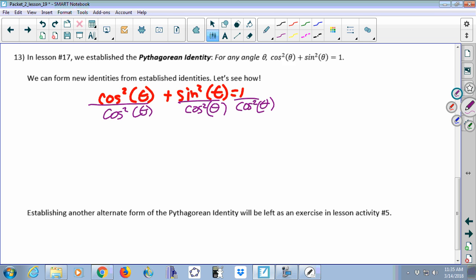And then I'm going to simplify both of them. Cosine squared theta divided by cosine squared theta is a nice big 1. Sine squared theta divided by cosine squared theta is tangent squared theta.